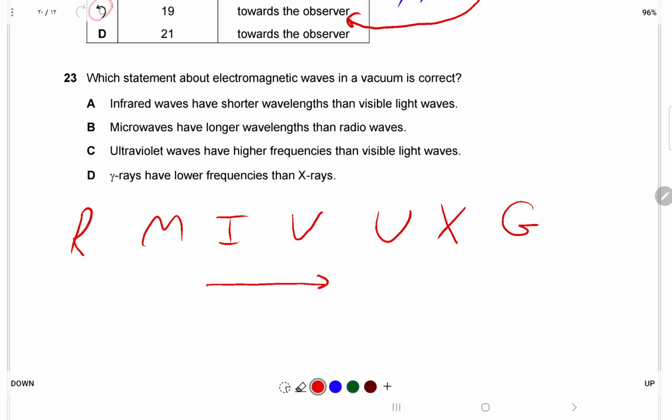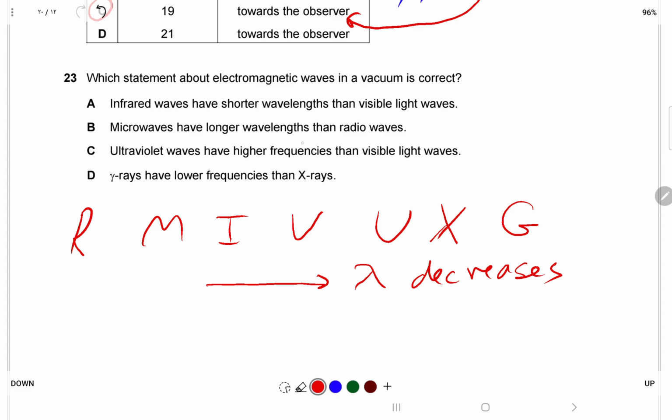When you go from left to right, lambda decreases. So remember the sentence, Ruby's mother is visiting Uncle Xiaomi gladly. Remember, Xiaomi starts with X. Okay, and here you can decide which option is correct. Infrared waves have shorter wavelength than visible light. No, because infrared comes before visible light.